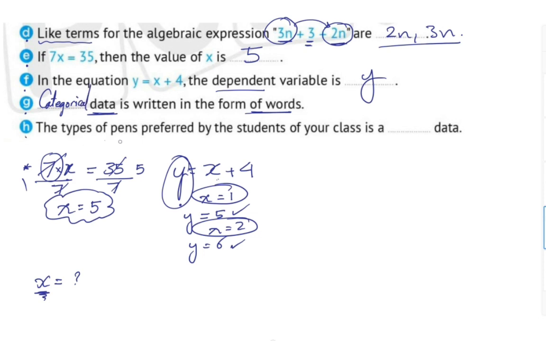The types of pens: type of pen preferred by the students in your class, is what data, numerical or categorical? Is this a number? No, that's types, so it's categorical data.